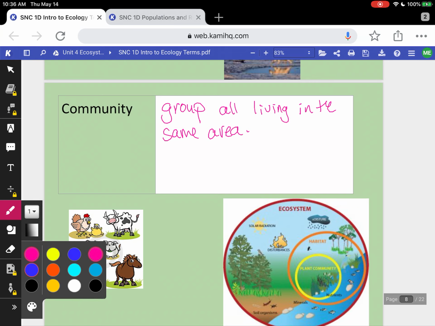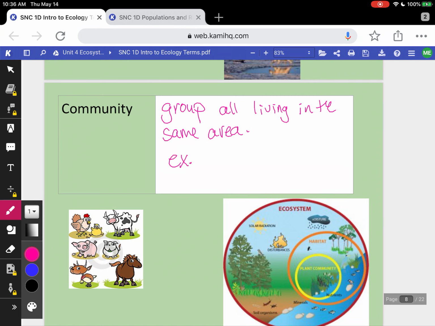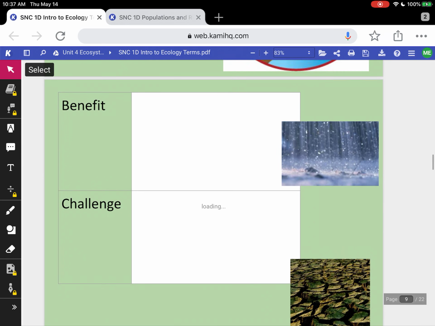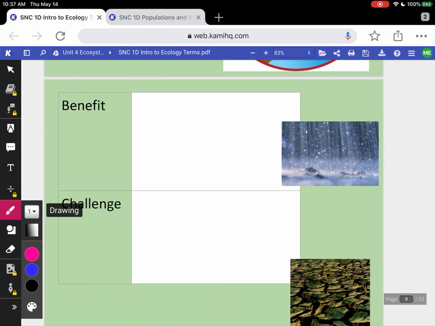So there's horses, cows, grass, people, all of those things, and that's a community. And they're all living in the same area. Okay.